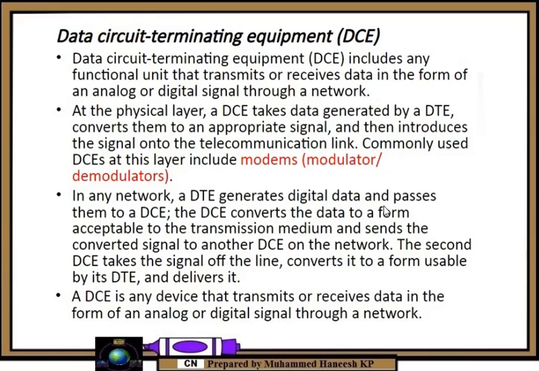Both DCE and DTE devices are equally important for WAN connectivity. DTE is a device which can perform as a binary digital data source or destination, while DCE includes devices that transmit or receive data in the form of digital or analog signals in a network.